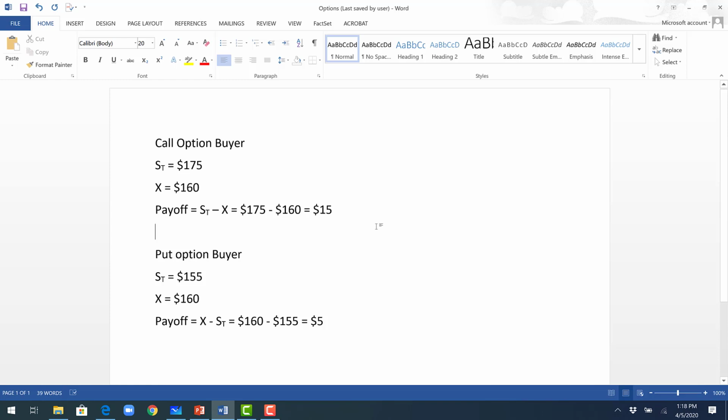If buyer's profit is $10, writer's profit would be minus 10. If buyer's profit is minus 5, meaning buyer is losing money, then the writer is making that same amount of money. Writer is just taking the other side of this trade. So whatever is buyer's gain is writer's loss, and vice versa. And the same idea applies to put option as well.